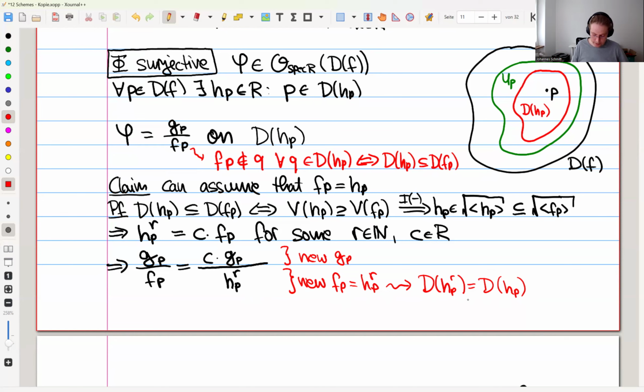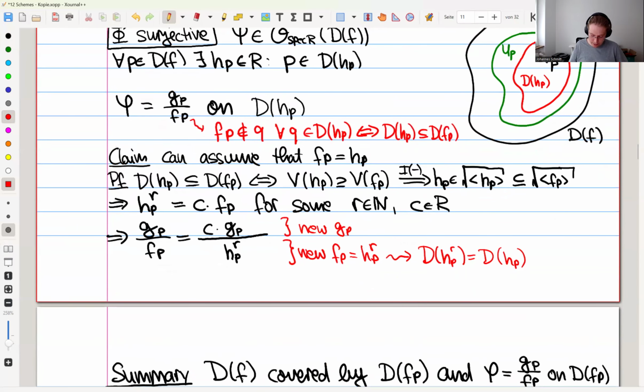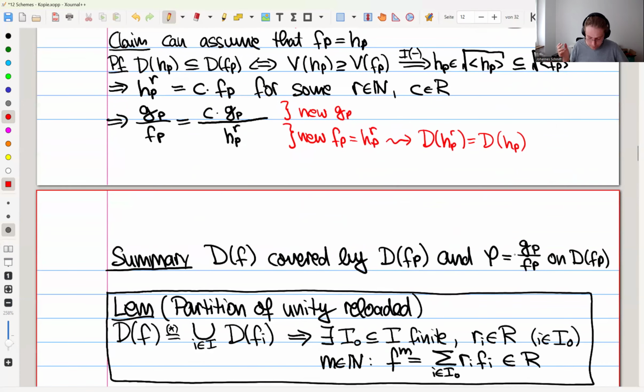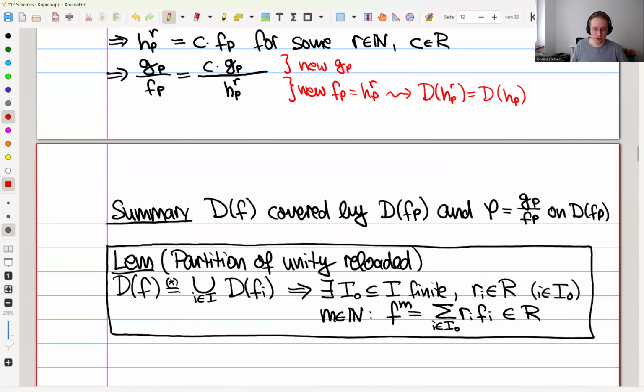And what this has done for us is that now the D of F is covered by these open sets DFP. For each point P, we have this thing, and phi, the thing that we started with, is given by this quotient GP divided by FP on here. Okay, and now the next thing that we introduce is this lemma of the partition of unity that we had before.